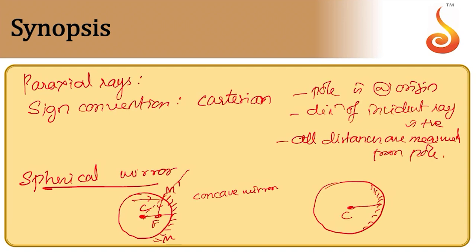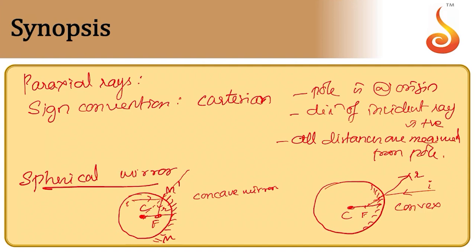This is C, and here is the focal point, and a ray of light which is incident like this appears to bend towards the focal point, and it actually eventually gets reflected like this. This is your incident ray, this is the reflected ray. This is a convex mirror.